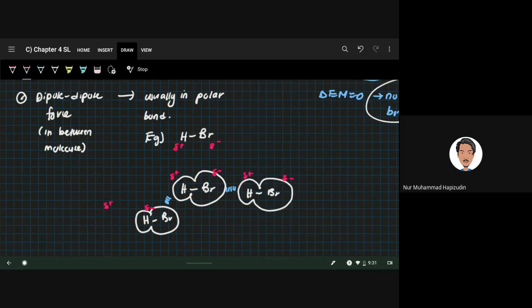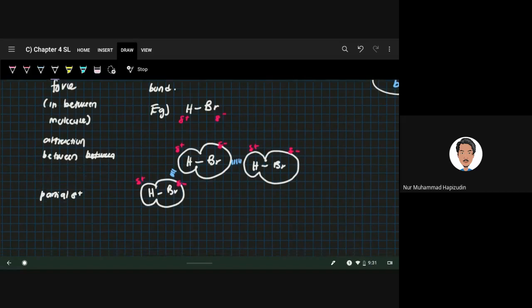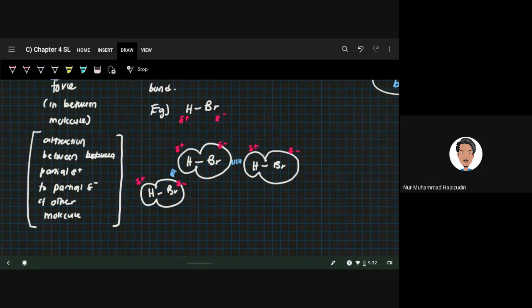So the force is attraction between partial positive to partial negative of other molecule.